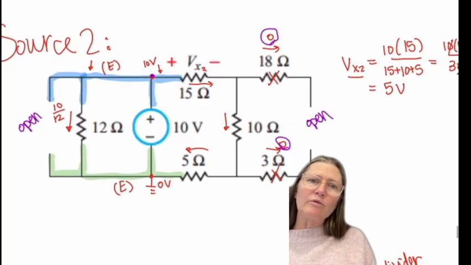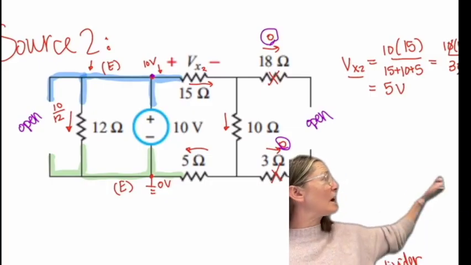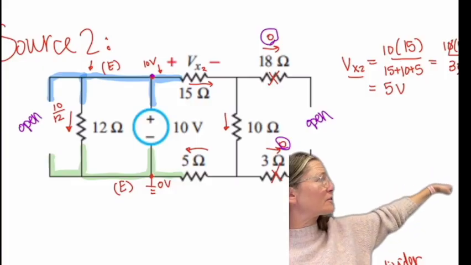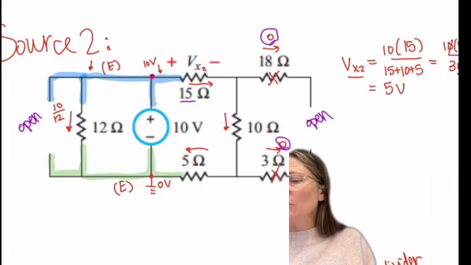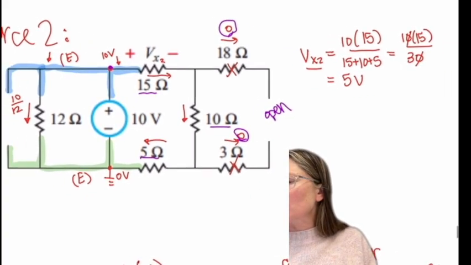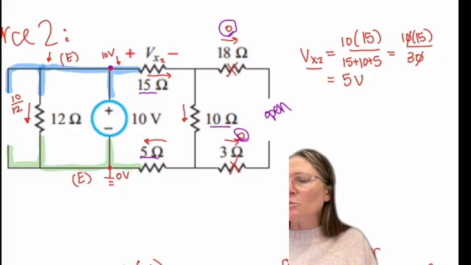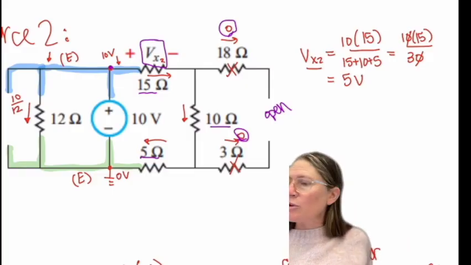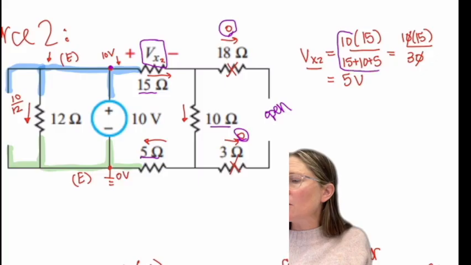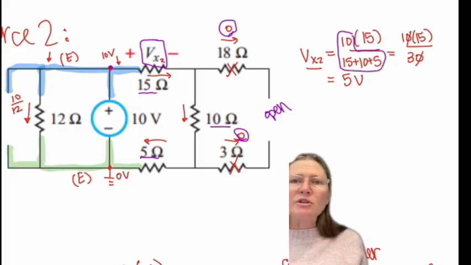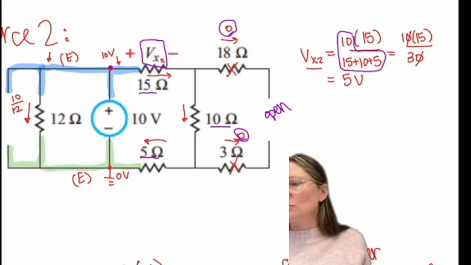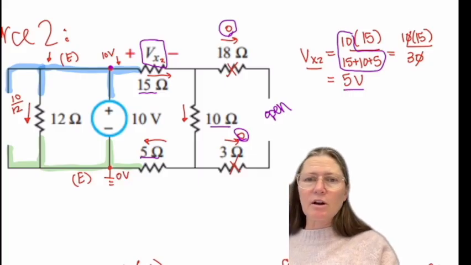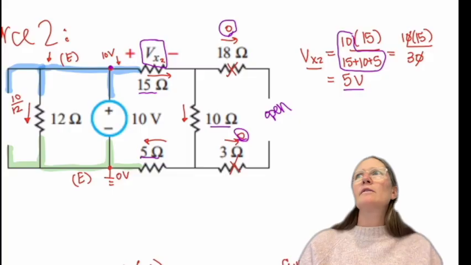And so finding the current there will be 10 minus 0 over the summation of those 3 resistors, 15, 10, and 5 for 30. And then you're going to multiply it against the 15 ohm resistor. So the current of 10 over the summation of all those times 15 gives you 5 volts as your answer there. Does that make sense?